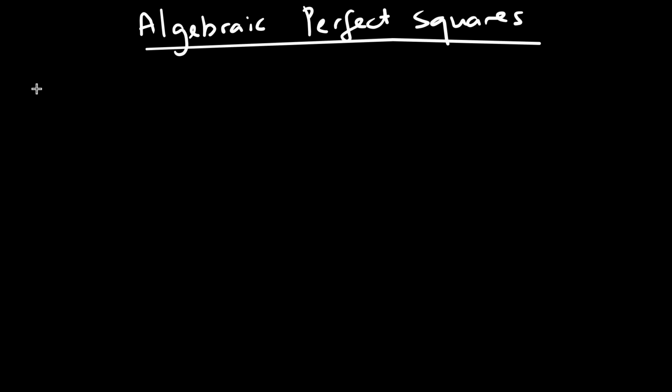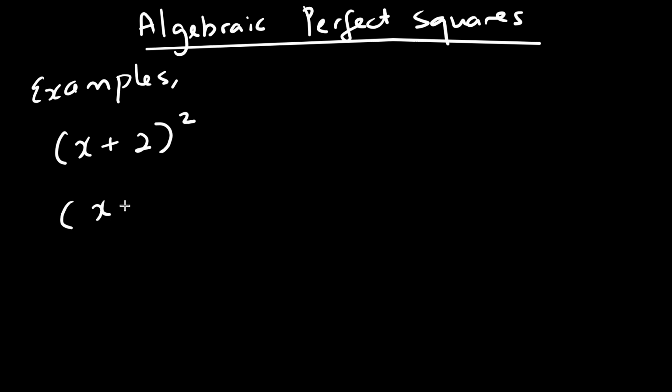So, examples: x plus 2 all squared is an example. x plus 3 all squared is an example. x minus 4 all squared is an example. So on and so forth.